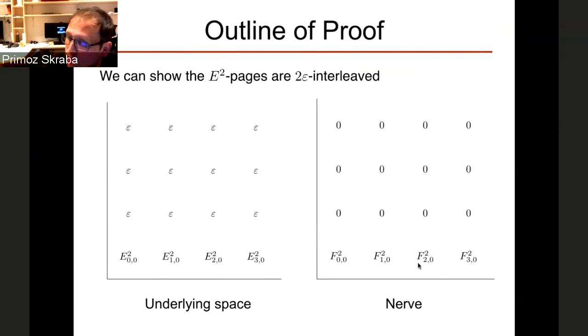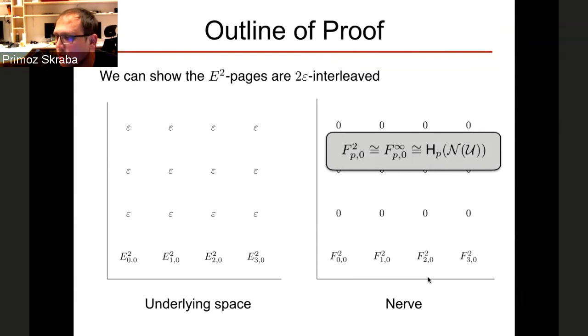Now we're at the E2 page, and we're going to say that this thing is 2 epsilon interleaved with this, which is 2 epsilon interleaved with this, and so forth. What we're going to first notice is that on the right here, this is exactly the homology of the nerve. This is the 2-dimensional homology of the nerve. This is the third dimension, H3 of the nerve, and so forth.